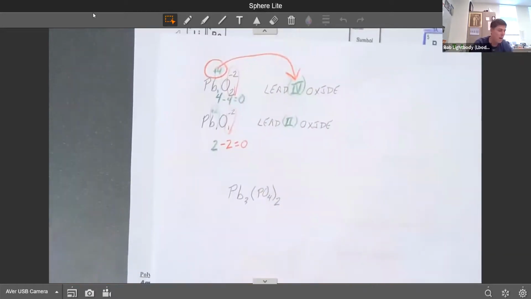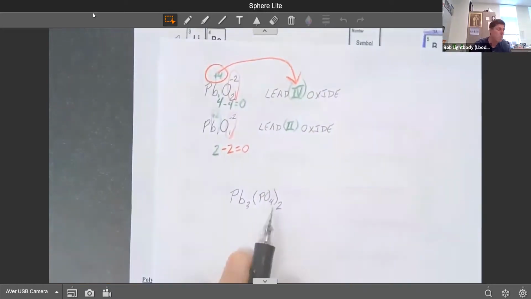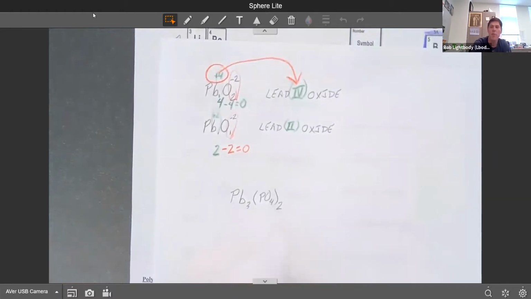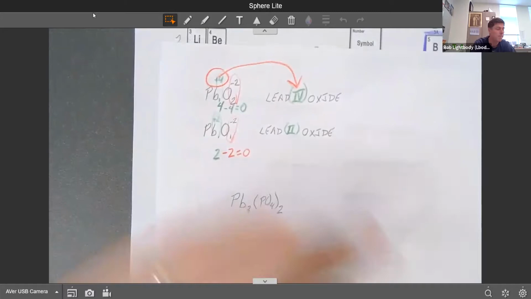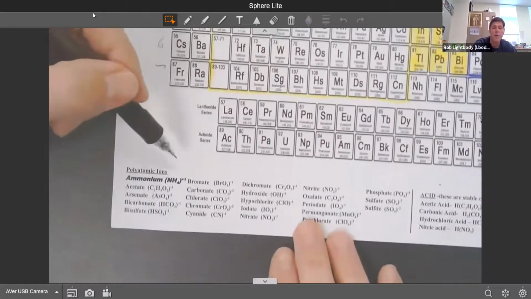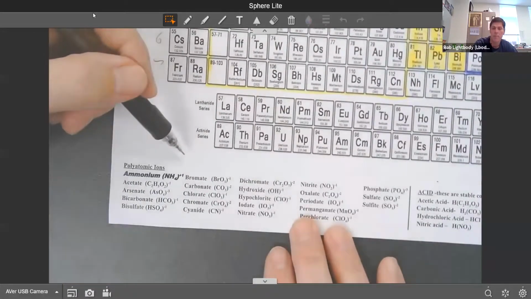Now, on this, anytime you see 3 or more capitals, you have what's called a polyatomic compound. Poly meaning many, many atom compounds, and we're talking elements. The polyatomic compounds I've given you down here for a reference.